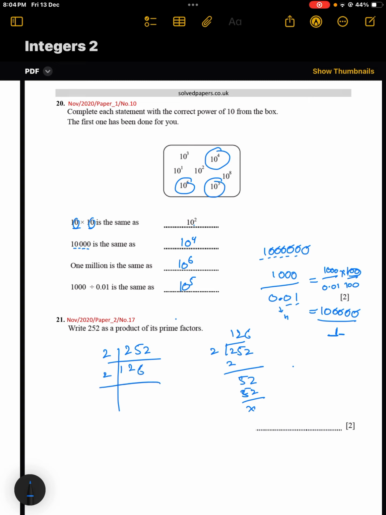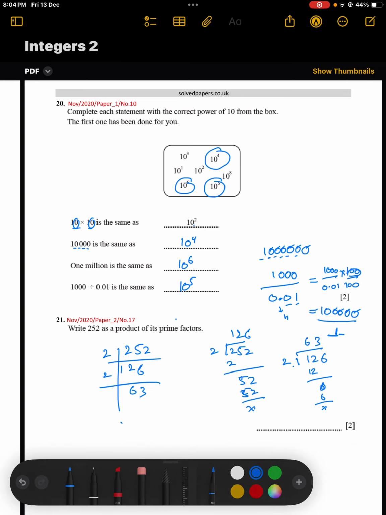Now do the table of 2 again. So this is going to be 126 divided by 2. So this will be 6, and then it will be 63. Now this 63 is not divisible by 2, but it is divisible by 3.